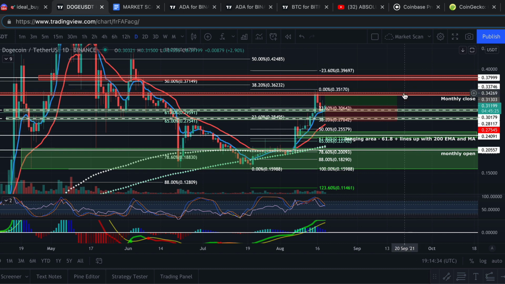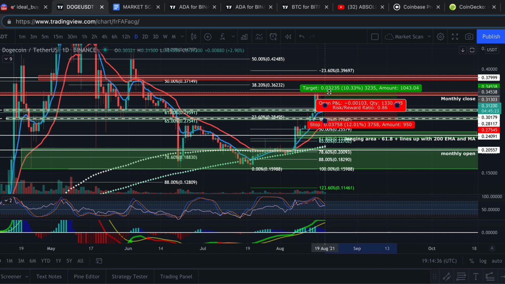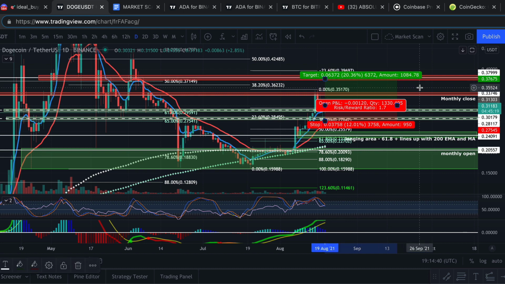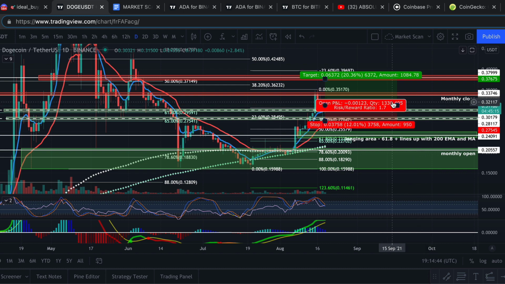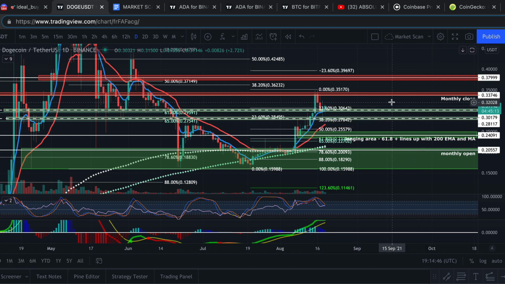Or you could do this, but then the RR sucks. Or you could do this, which works, but you're not really in the best entry either way. So I have a little bit in here. If it comes down here, I'm going to add more at 0.3017.